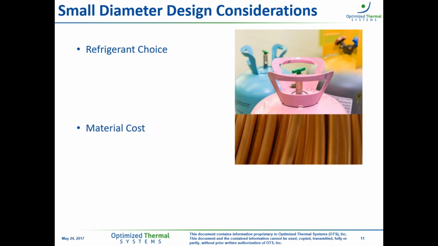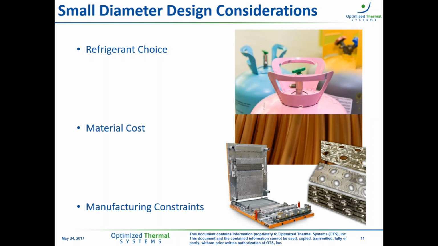We also want to keep in mind the material cost, which may be reduced when we move to small diameter tubes, which have smaller tube wall thicknesses. And we need to keep in mind all the manufacturing constraints of small diameter tube fin heat exchangers when designing them. What I mean there is that we need to develop heat exchanger designs based on fin sheets that can be manufactured or are currently manufactured.